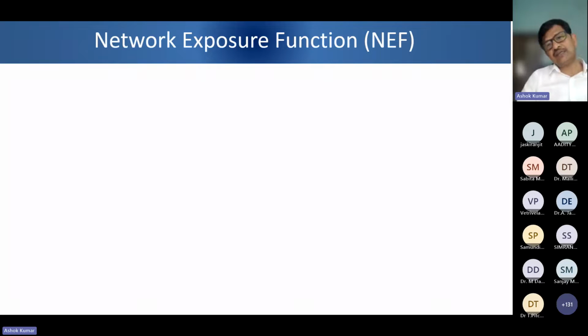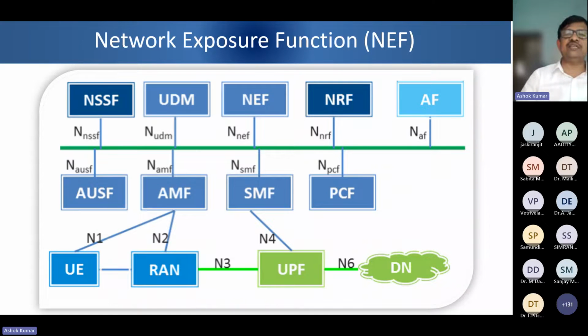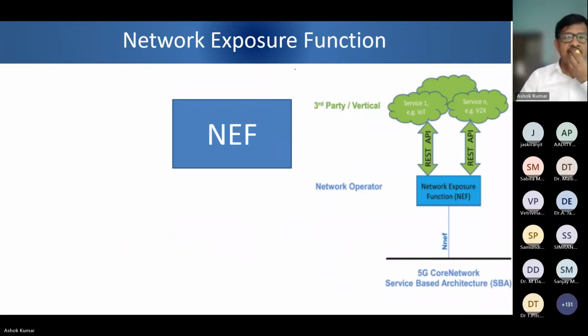Okay, the next network function I want to talk about is NEF, this one. A little bit I explained earlier. As the name suggests, it is the Network Exposure Function.